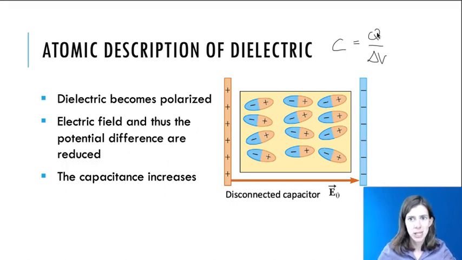So if charge stays constant and potential difference is reduced, then that means that capacitance increases. This did take a few steps, but it's just good to be able to go through this kind of process of putting different topics together to analyze situations. So simply putting this insulator within your capacitor is going to increase its capacitance.